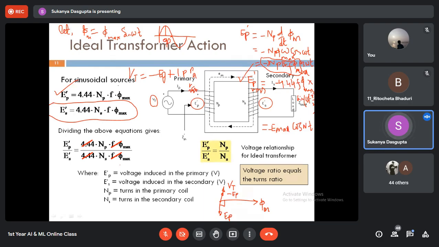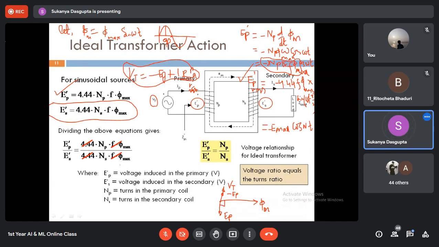This is the equation for a non-ideal transformer, but this ohmic winding drop is not present here. So VT is just equal to minus of EP in the case of an ideal transformer. So EP, the EMF induced at the primary side, is just 90 degrees lagging the vector phi m.